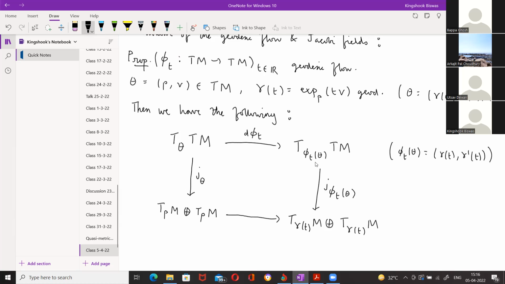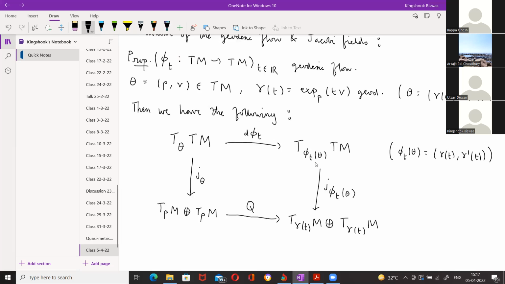Okay. So what should I call this map? It's not parallel transport. What is this map? I don't want to use J because I've already used J. So what should I call it? Okay, let me just call it Q_t.